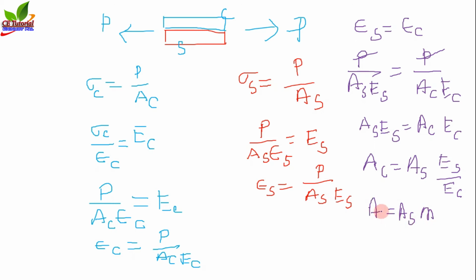Please keep in mind this relation, that AC is equal to AS multiplied by modular ratio. And why I have done this will be clear in the next slide. AC is equal to AS multiplied by m.